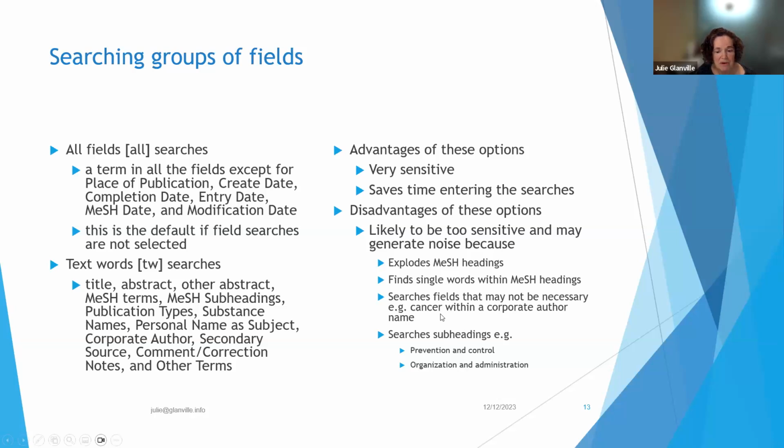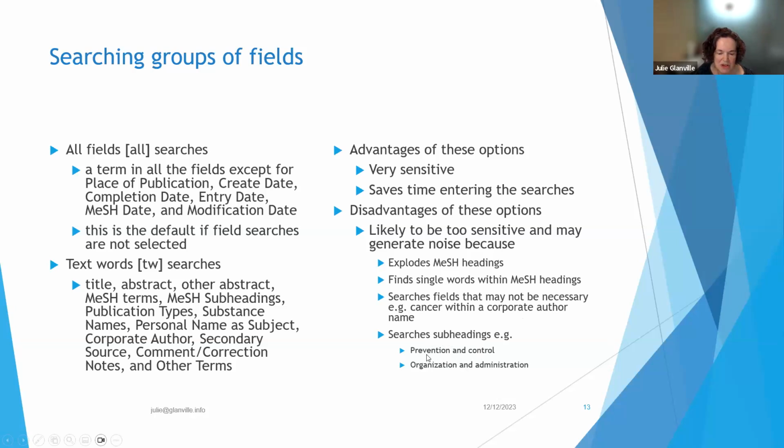And they may find words within the corporate author name, for example. So if you search for the word cancer, it might bring back records where it was the National Cancer Institute in the corporate author name. And also the subheadings that can be attached to mesh headings have very general terms in them.